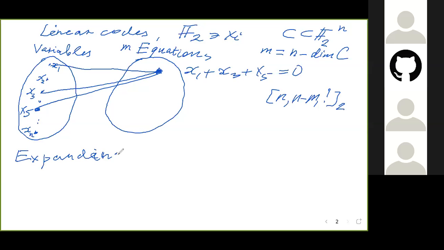Expanding property means that if we take a certain subset of the set of left nodes and consider all its neighbors, then the number of neighbors is close to the maximum possible.